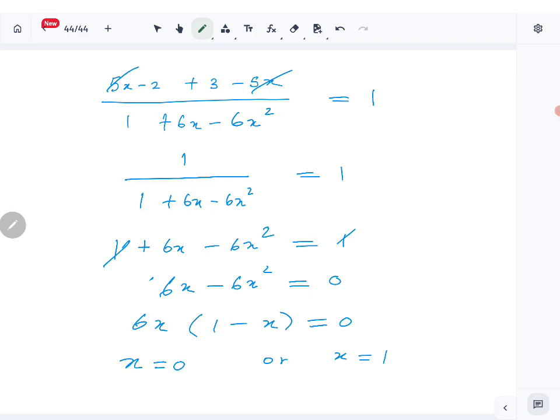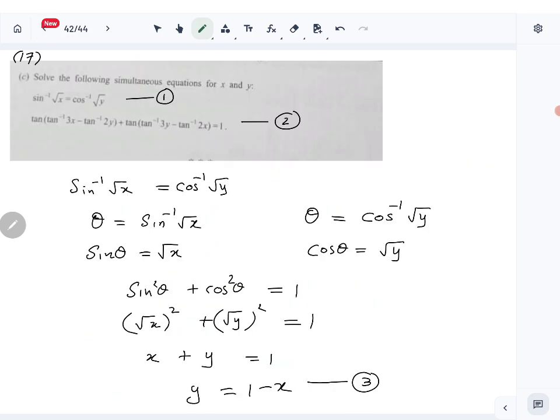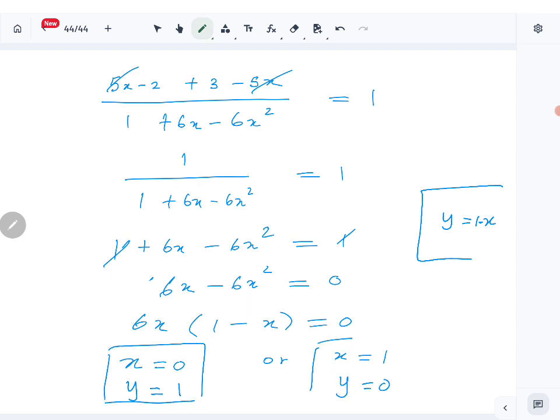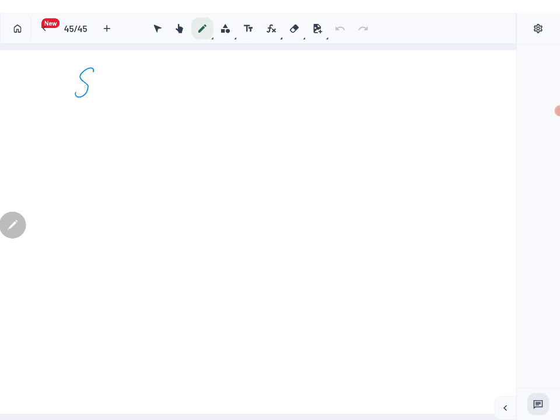And what is the relationship between x and y? y equals 1 minus x. So when x equals 0, y equals 1, and when x equals 1, y equals 0. So those are our two solutions: x equals 0, y equals 1, or x equals 1, y equals 0.